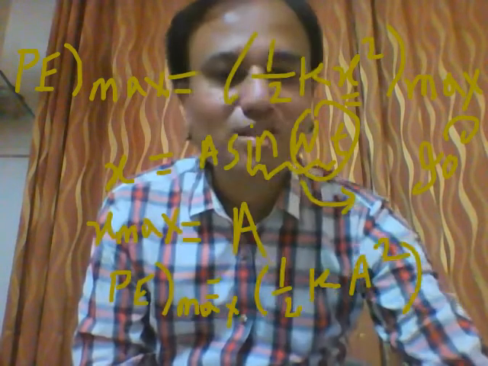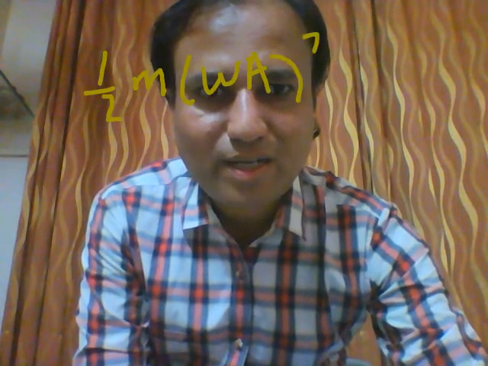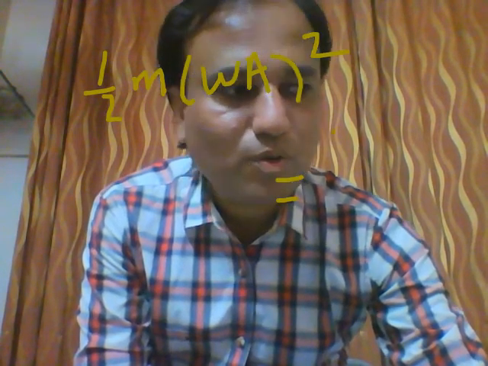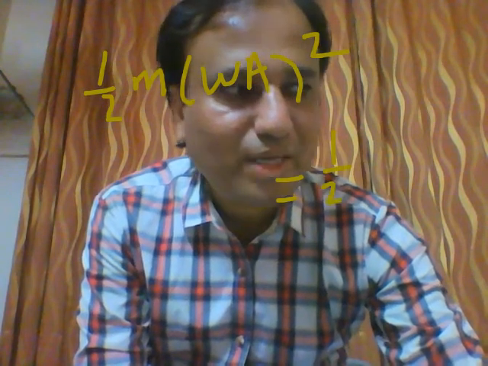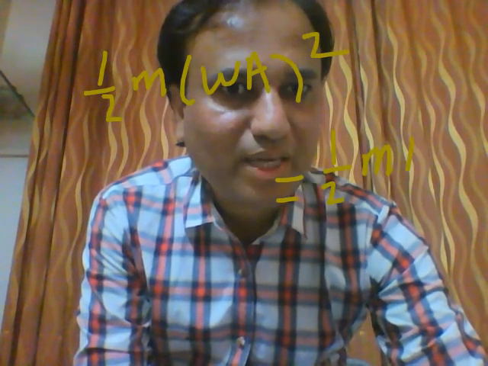Maximum KE is 1/2 m omega a whole square, and maximum PE is 1/2 k a square.